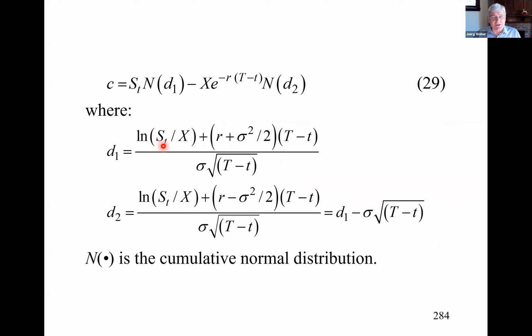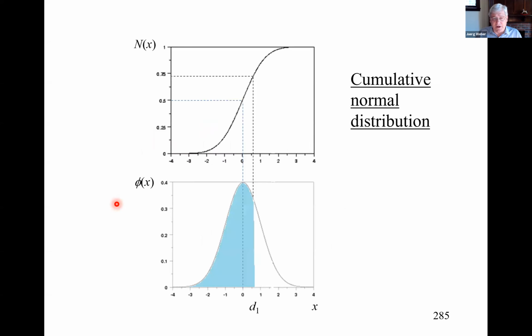If S increases very much relative to X, then the logarithm of it just rises and rises, so T1 will rise and rise, and same thing for T2. T1 and T2 go to infinity, and naturally this value moves toward 1 of the cumulative normal distribution.